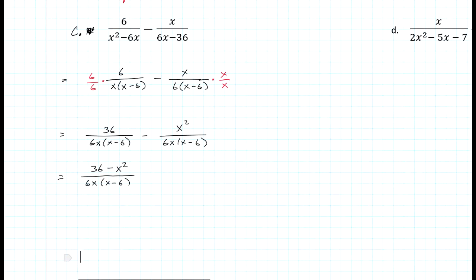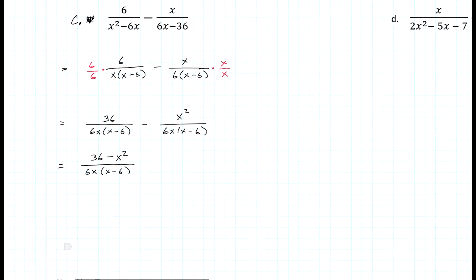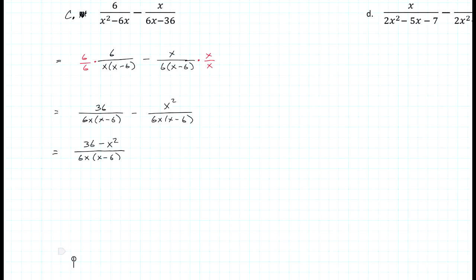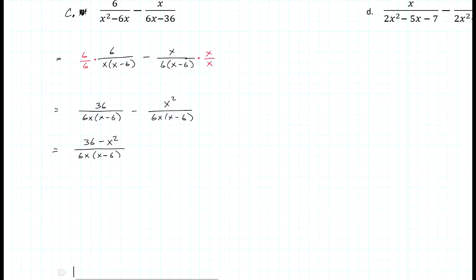But now I want to factor the numerator of this. And when I do that, I get 6 minus x times 6 plus x over 6x times x minus 6.